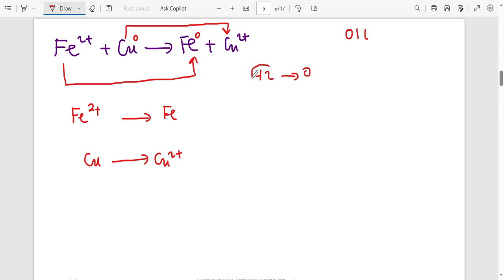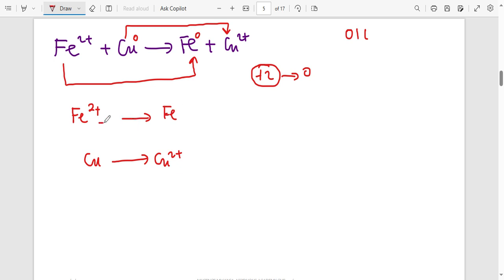What number should I remove from 2 for me to get 0? Okay, we should remove a 2.